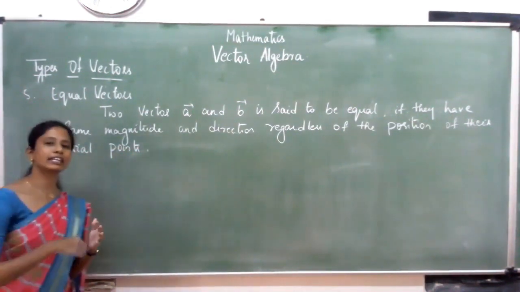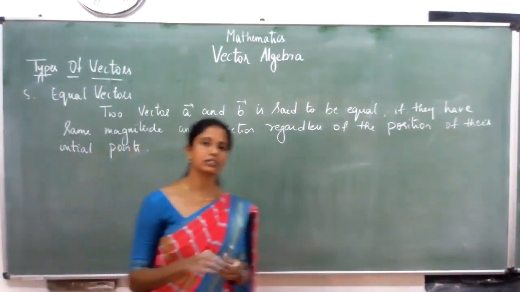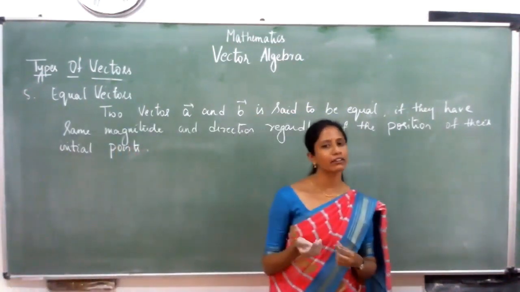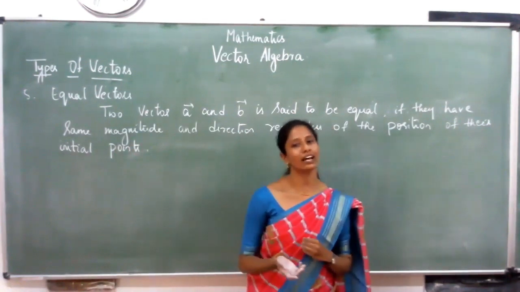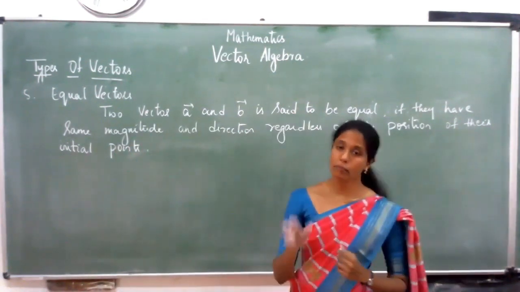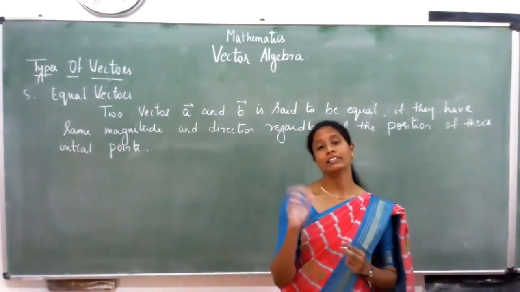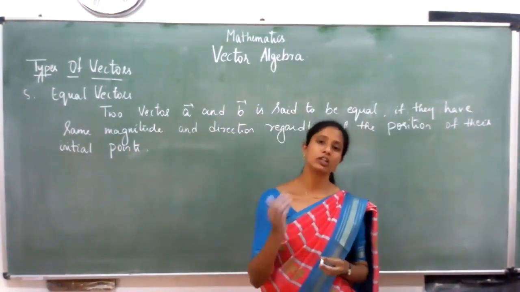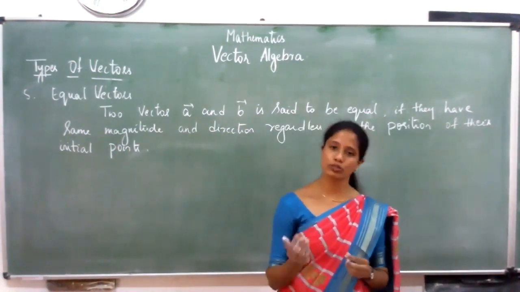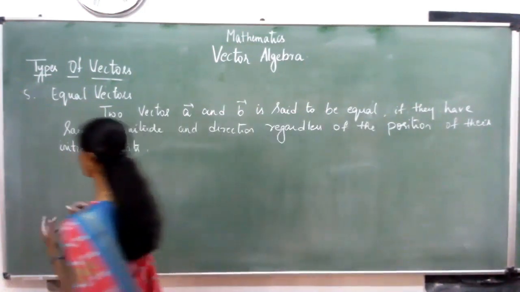The two vectors can start anywhere, means both the vectors may or may not have the same initial point, but the magnitude and direction of both the vectors should be the same, then we call those two vectors equal vectors.